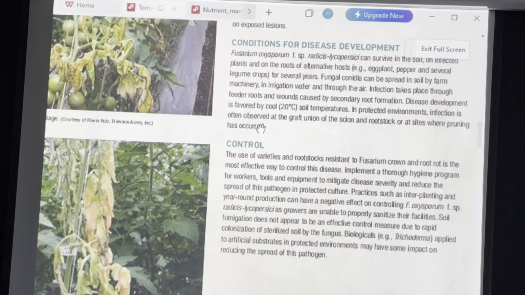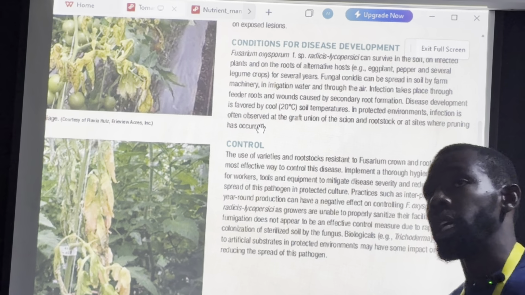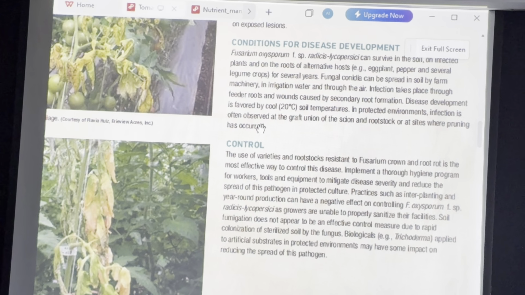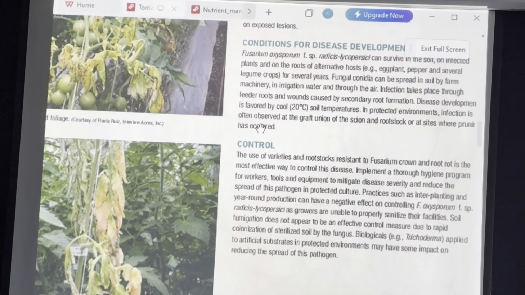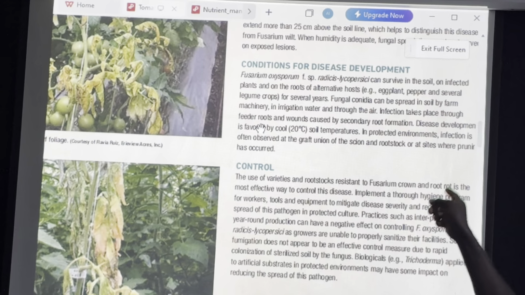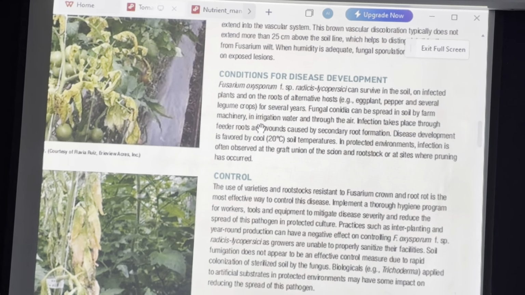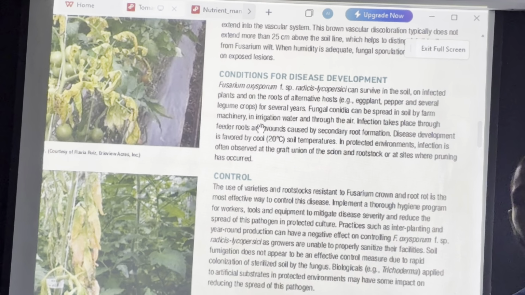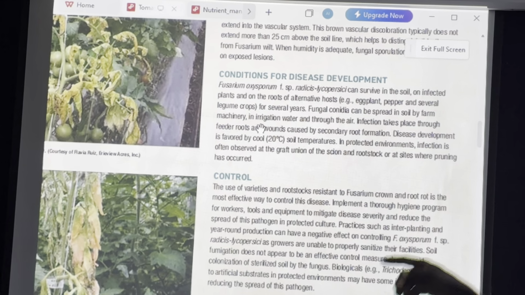And also, in the previous slide, they mentioned something about grafting. When you have a root that is not susceptible to this disease, you can initiate grafting, thereby planting another tomato plant on a root that is not susceptible, making sure that your whole plant is not susceptible to Fusarium crown and root rot.